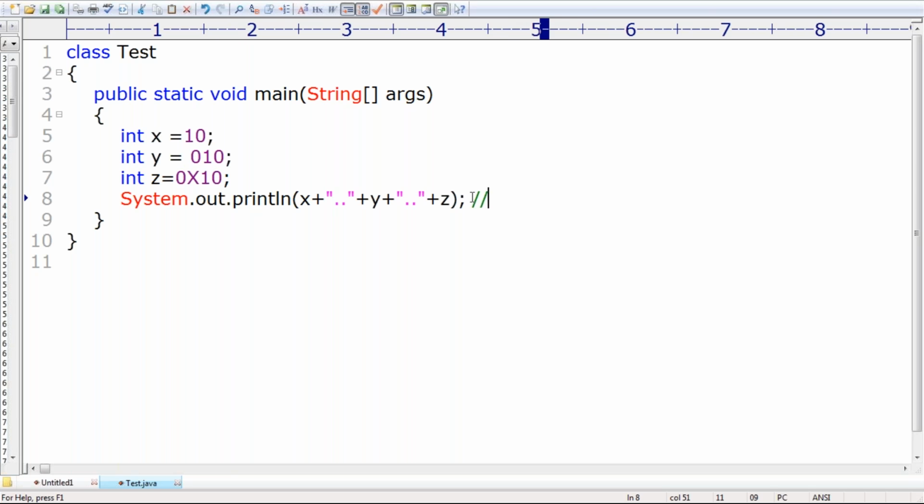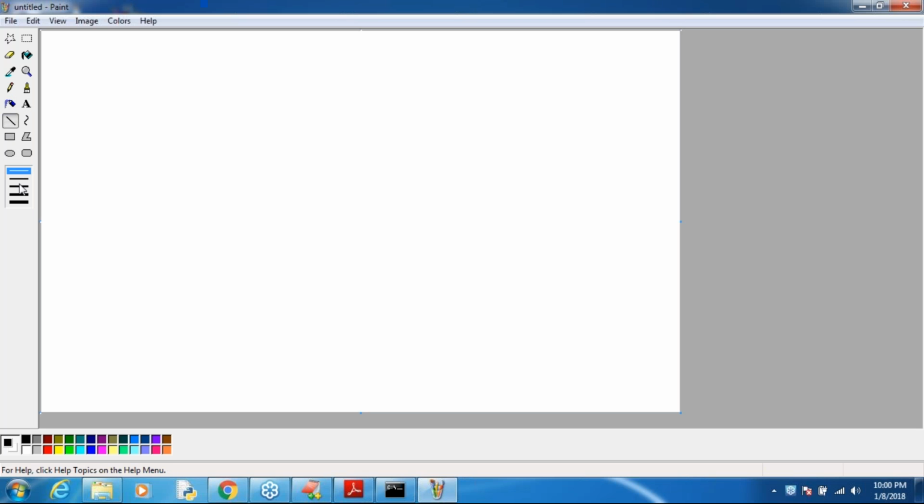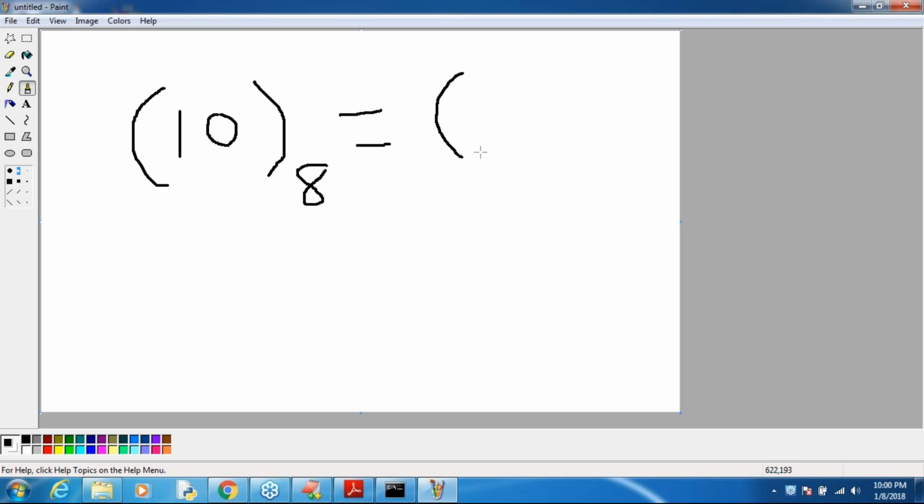That's why the first X value is 10. Excellent. But the second one is octal 10. Can you please convert octal 10 into decimal? How to convert octal to decimal?